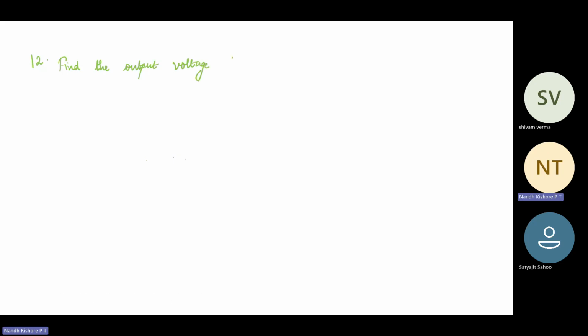Find the output voltage V naught for the following circuit.